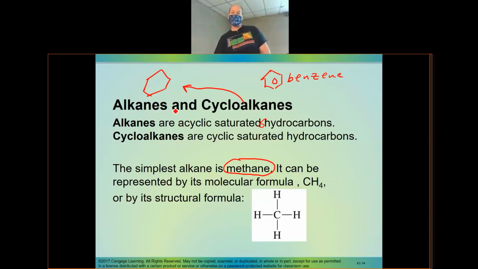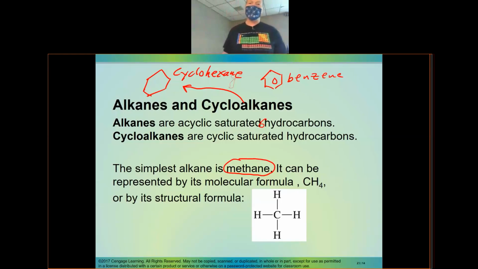And so when your ring has six members, we know that that is a hexagon, but this is an alkane, so this is a cyclohexane. So cyclohexane is completely different than benzene, but when you're drawing it, it's a subtle difference in the drawing.